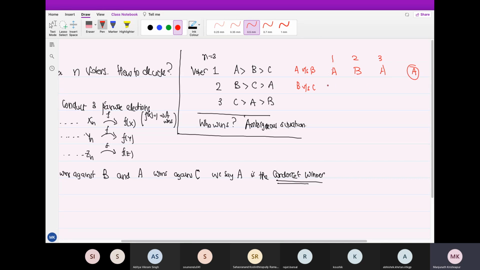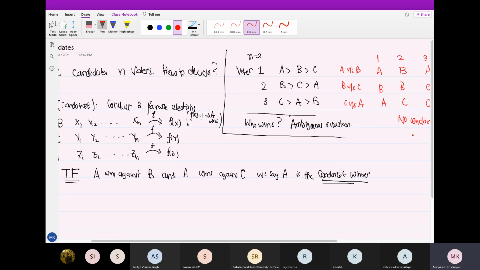In B versus C, the first person votes for B because B is preferred to C, the second person is also voting for B, and the third person is voting for C. So B wins. And then in C versus A, by symmetry, the first person is voting for A, but the other two are voting for C, so C wins. So there is no Condorcet winner. That is the problem.